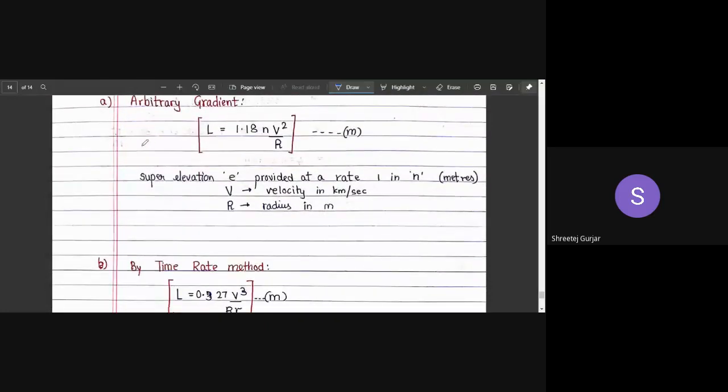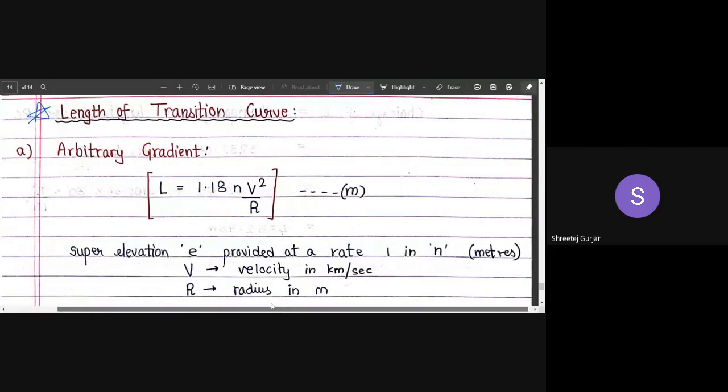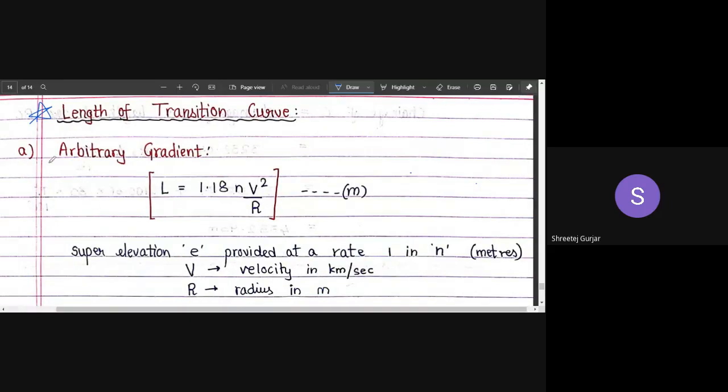Getting into the first method, it is known as the arbitrary gradient method. This method follows this formula, wherein L, or length of transition curve, is equal to 1.18 n into v square by r.